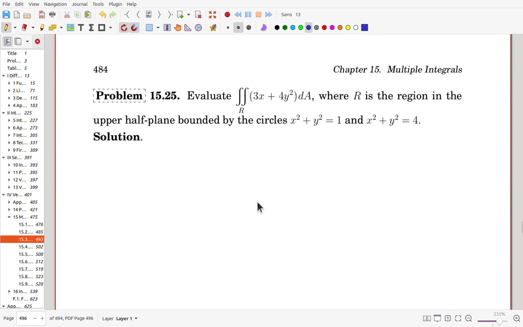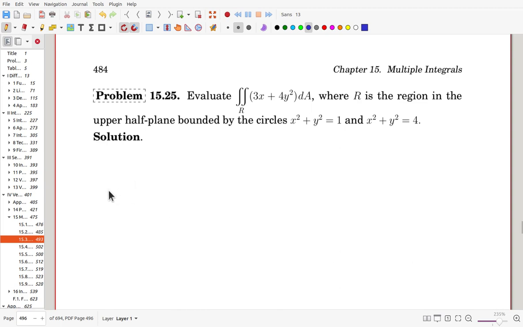Okay, now we'll go to problems. Evaluate this one, where R is the region in the upper half plane bounded by two circles. Okay, let's try to visualize the region.